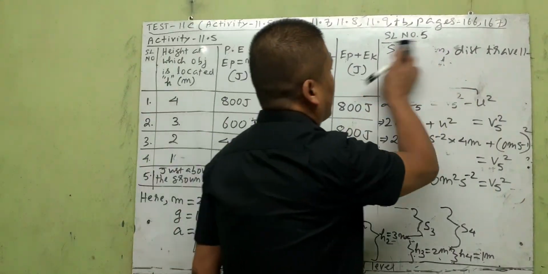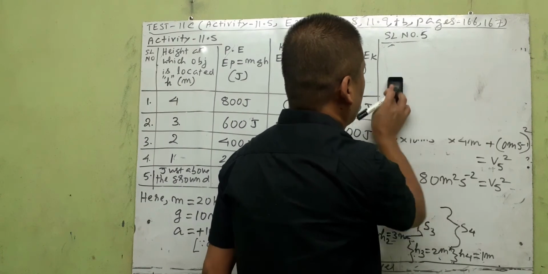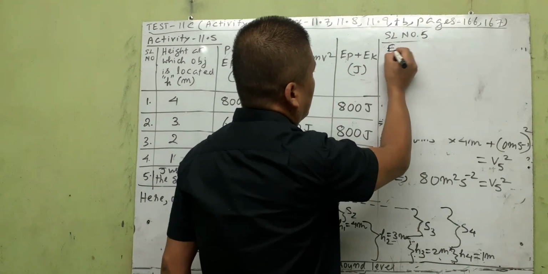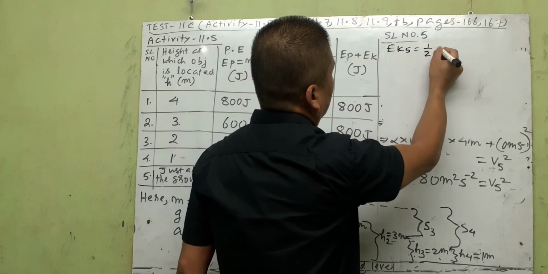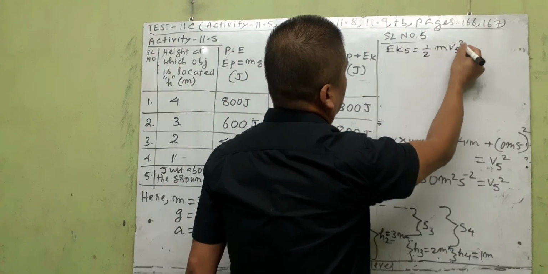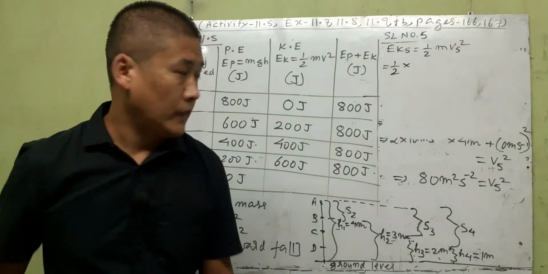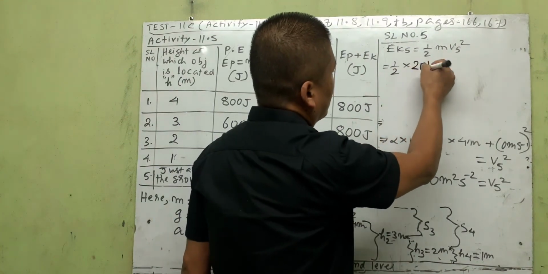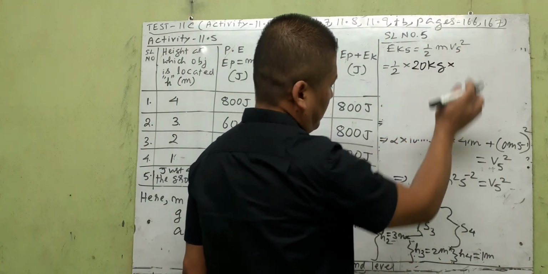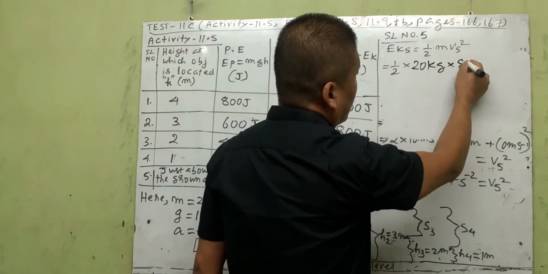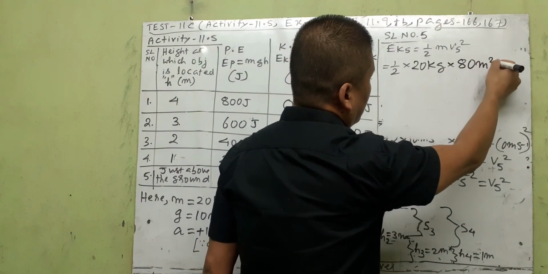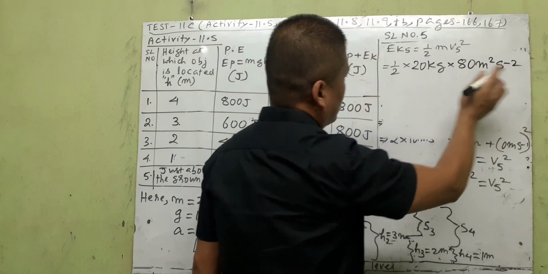So we can finally calculate the kinetic energy for the fifth case by the formula EK5 equals half mV5 square. So half into m, we know, 20 kg, and V5 square is here 80 meter square second to the power minus 2.